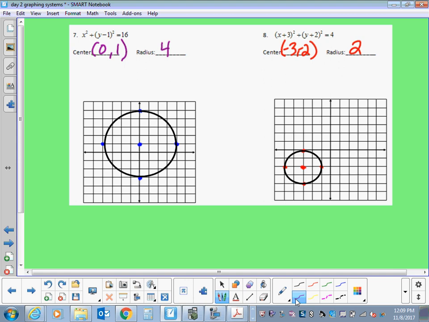Make sure your circles look like mine. So far, so good?